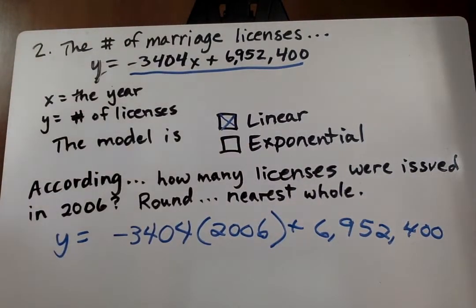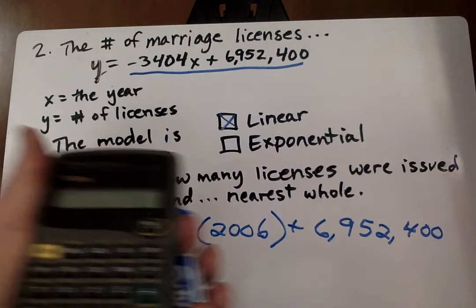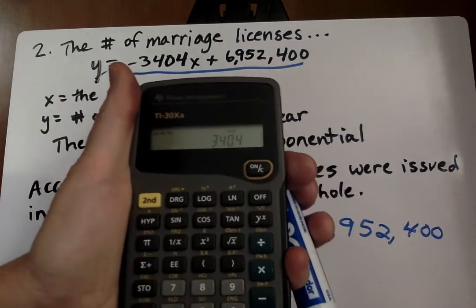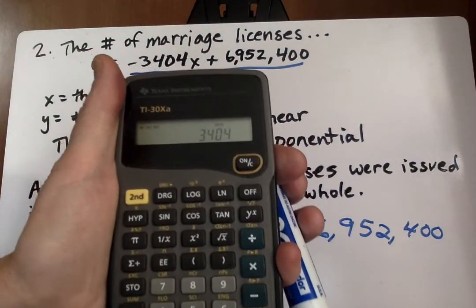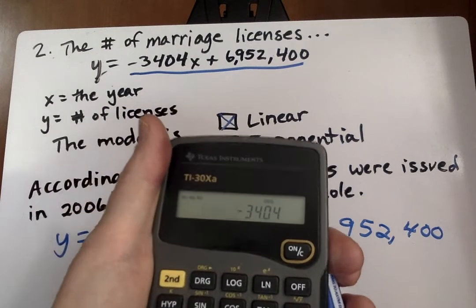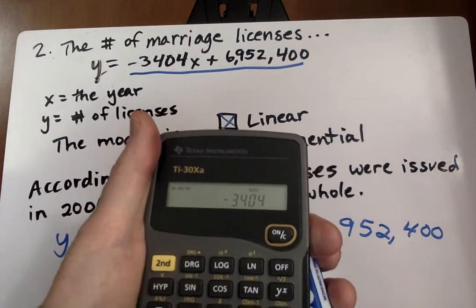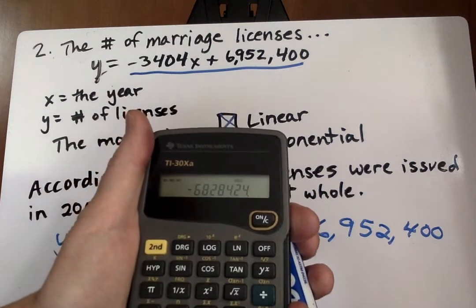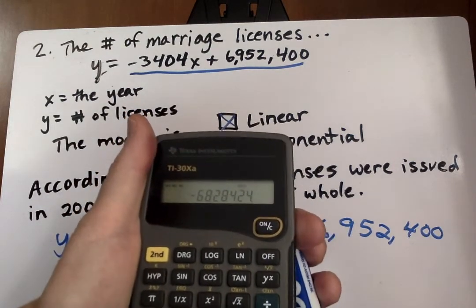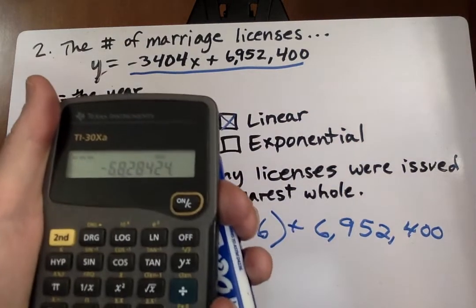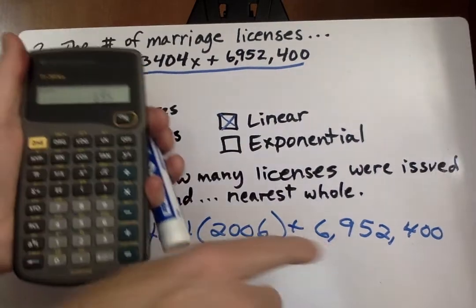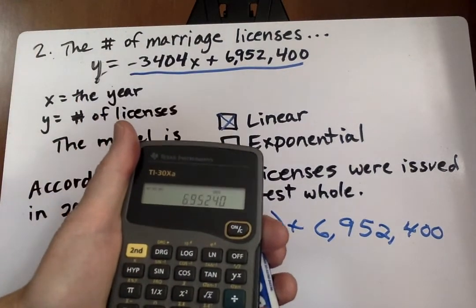Aren't you glad we have a calculator so we don't have to do this by hand? I'm going to put 3404, and to make it negative, we use the plus-minus button down here, and I make sure it shows negative 3404. Then I'm going to go times 2006, and then add 6,952,400.